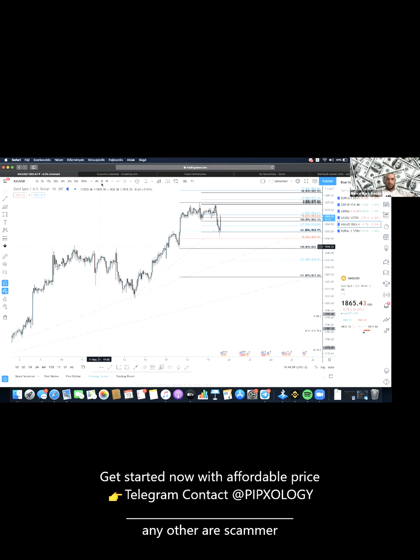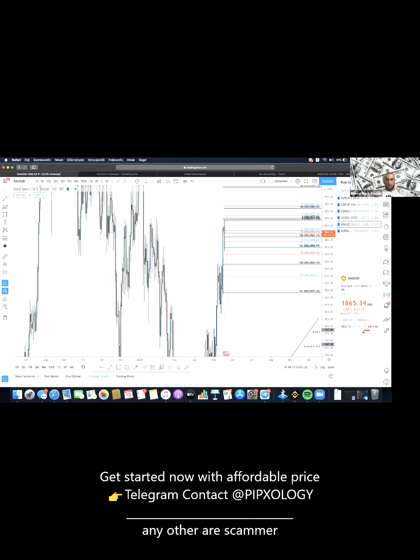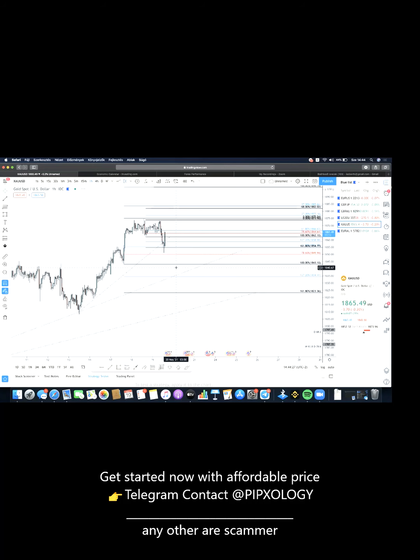Okay, so let's see gold. The bigger picture is still bullish. I'll show you the daily. You can see it's really, really bullish. On the 4 hour, what is the pattern? Double top? No, it's not.